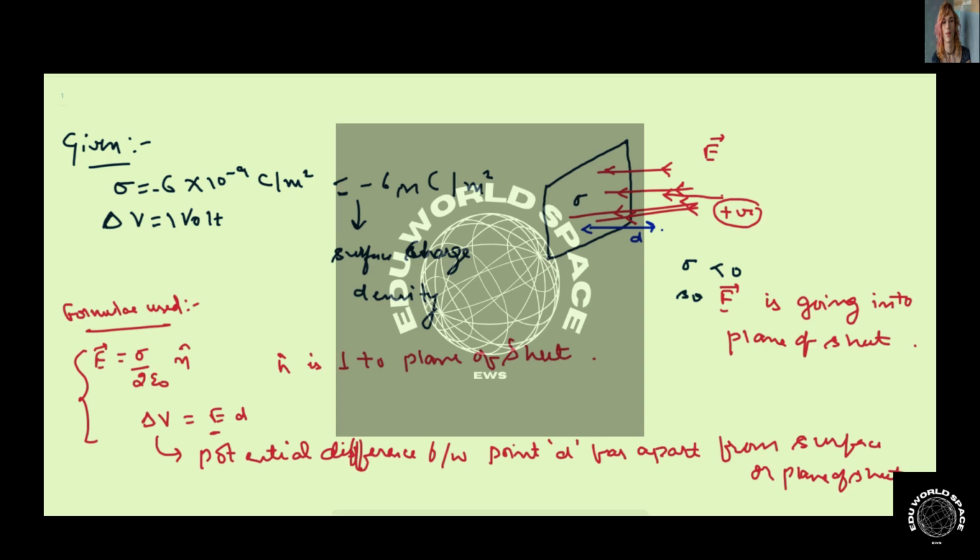So your potential decreases as you move towards the surface. But the magnitude of the potential increases because the sign is opposite due to this sigma charge here.